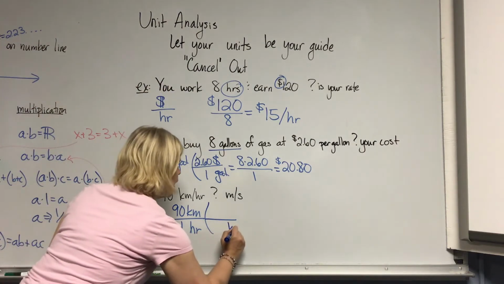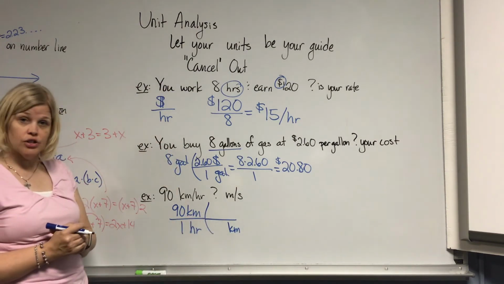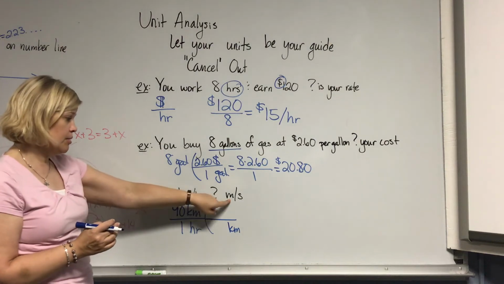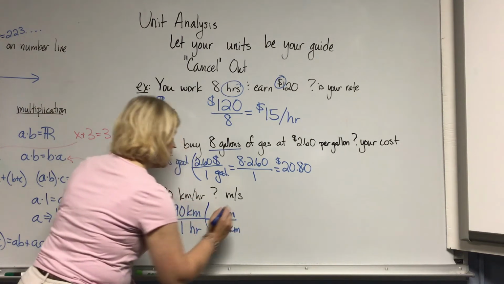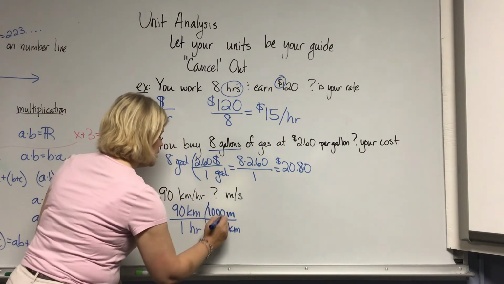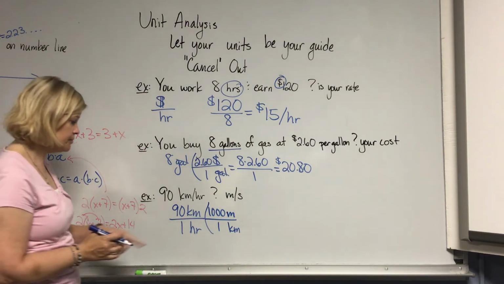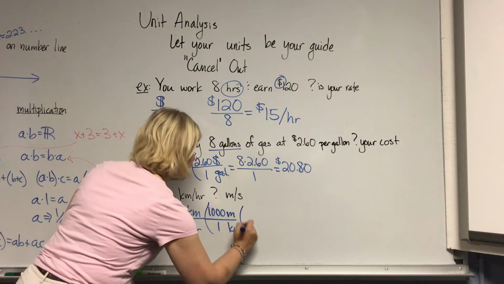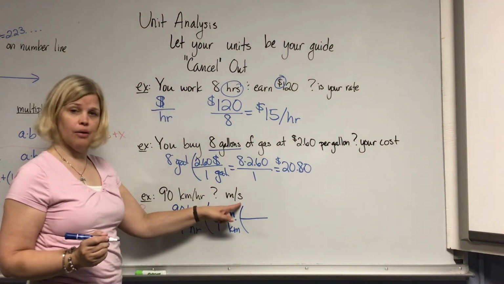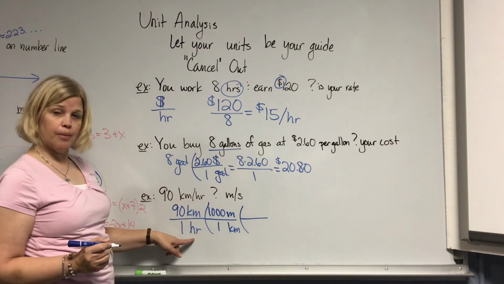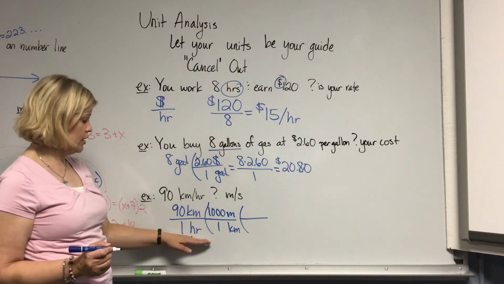Oh, down bottom. Now, can I change kilometers into meters? Well, yeah, because I know there's 1,000 meters in every 1 kilometer. Okay, so far? Now, I've got hours in the bottom, but I don't want hours, do I? Where should I put the hours? It's on the bottom.